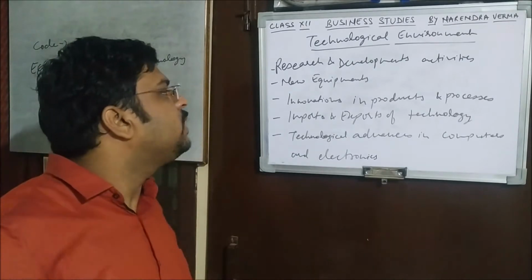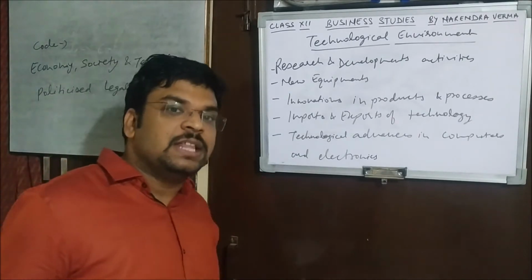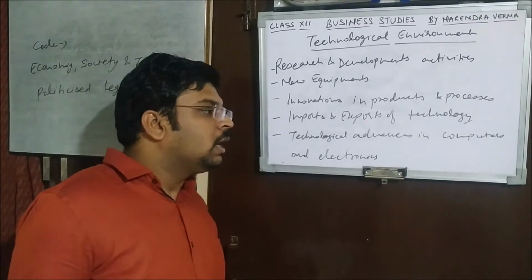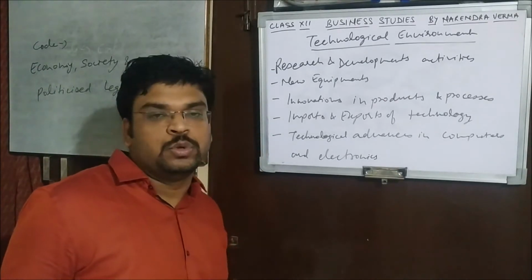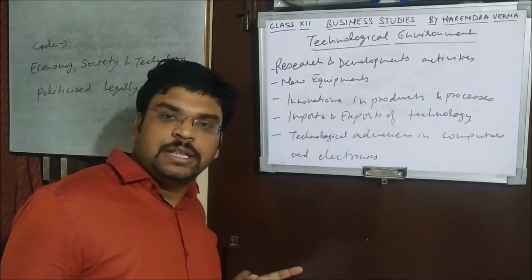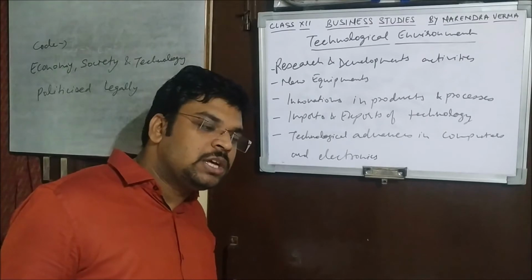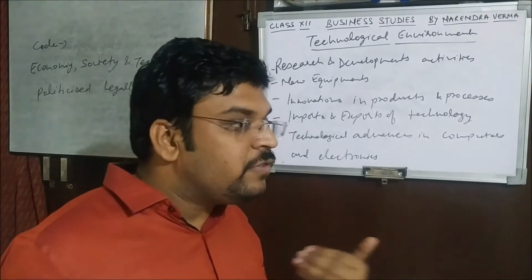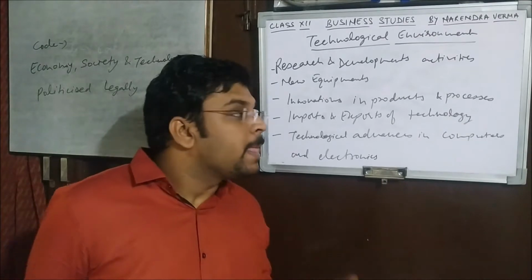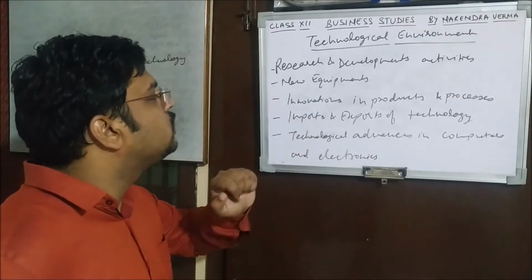They keep developing, keep doing research, and then launch a new product in the market. For example, all the mobile companies have an R&D department, and that is why with every model they introduce new features.